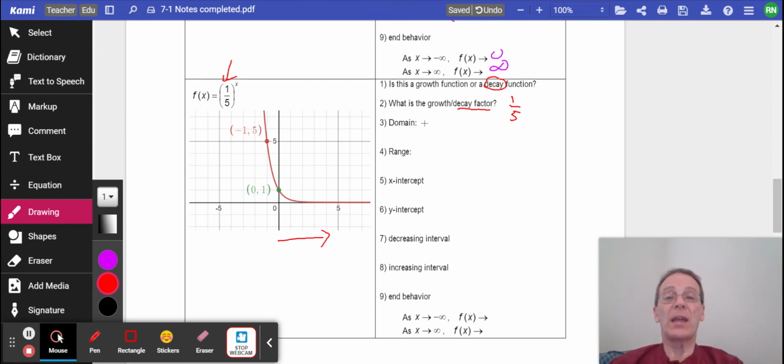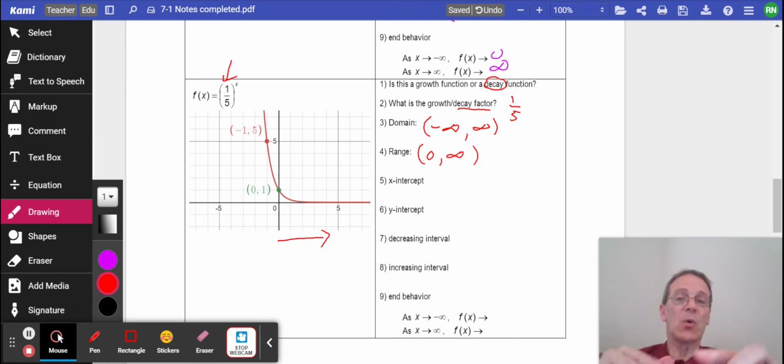Okay. The domain for all exponential functions is all real numbers. The range, in this case, again, goes from 0 up to positive infinity. Again, we can move these functions, and we will in the next lesson, probably, move these functions up or down a little bit, and that can change the range, but it's not going to change the domain.